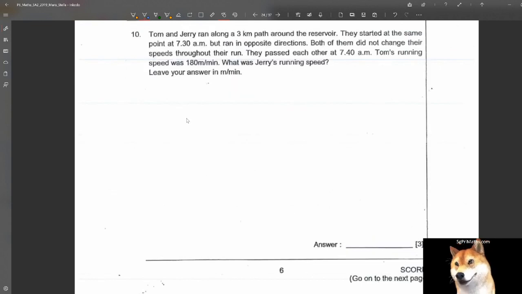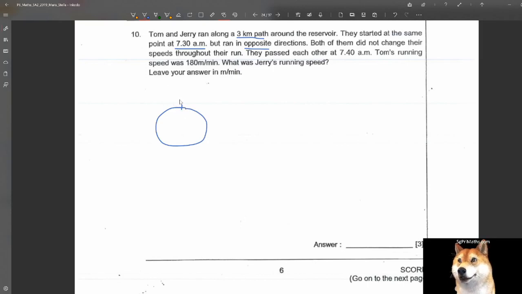Question 10. Tom and Jerry ran along a 3 kilometers path around the reservoir. So the total distance around the reservoir is 3 kilometers. They started at the same time, at the same point at 7:30 a.m., in opposite directions. So we can see a reservoir, probably a circle, and this is the start.